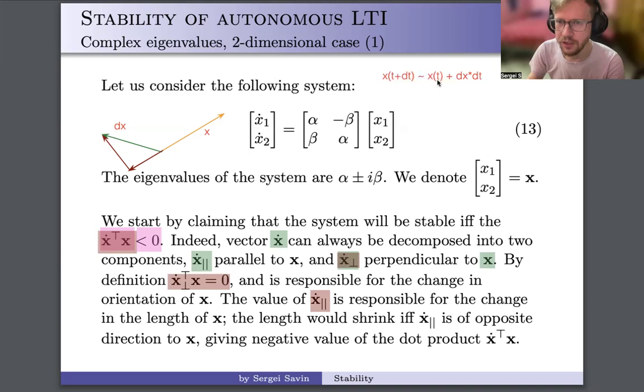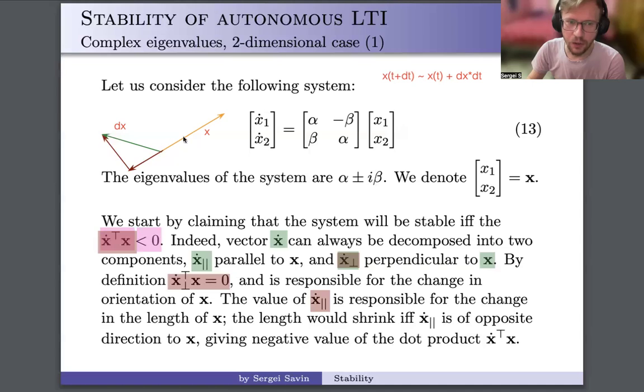It is a very primitive approximation of integration. Now you can imagine if x dot here is this perpendicular component, what's going to happen is x will change direction, right? You have this x vector, you add this component that faces this way, and it will just rotate instantaneously. Again, we're talking about instantaneous change, not over big periods of time.